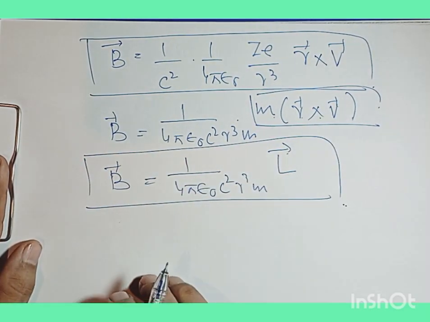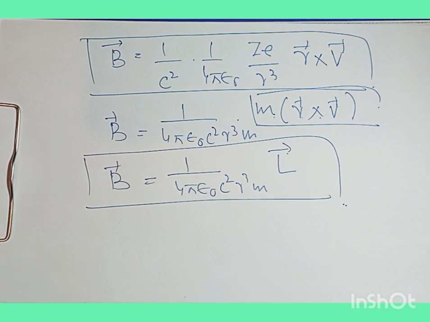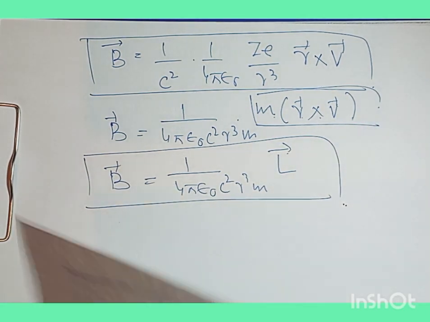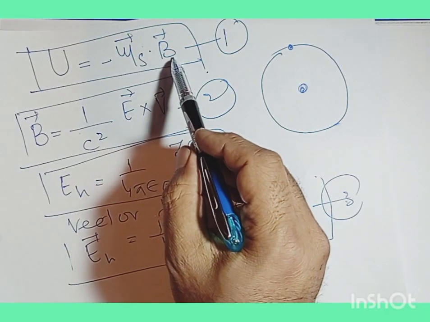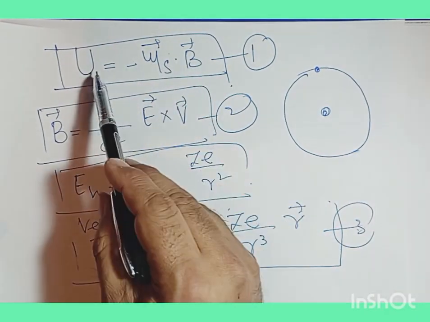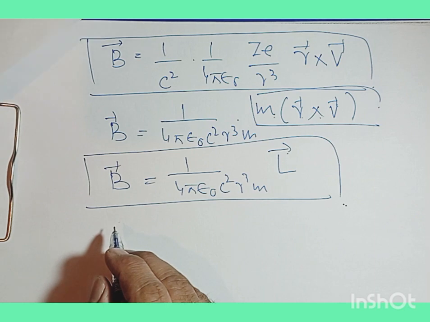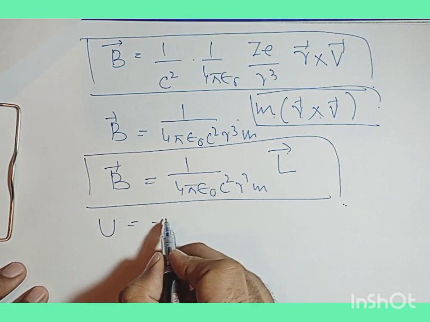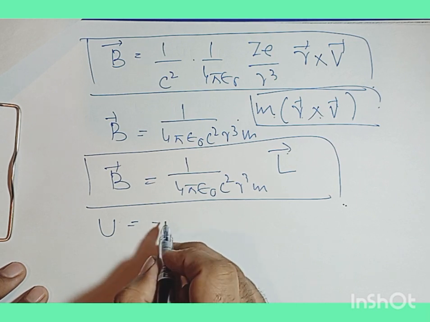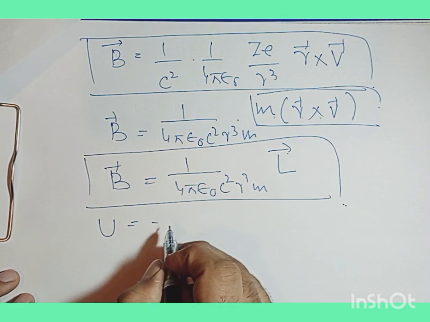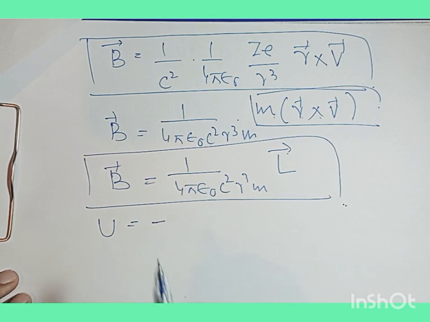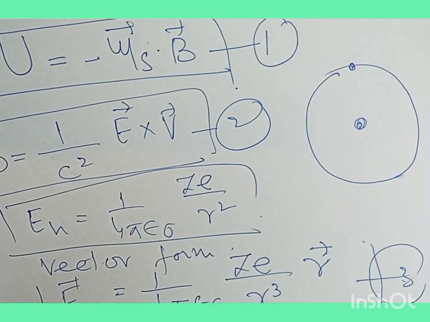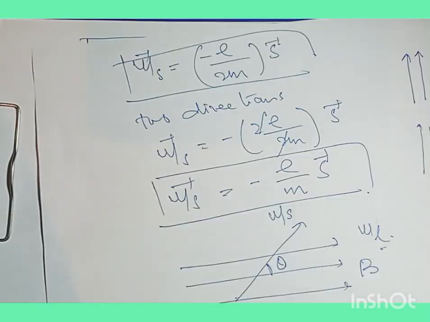That's the case. Now I can use this value of the magnetic field in the potential energy, so I can use the expression of the magnetic field in this equation. What will I get? I'll get U is minus mu S. But what is mu S?